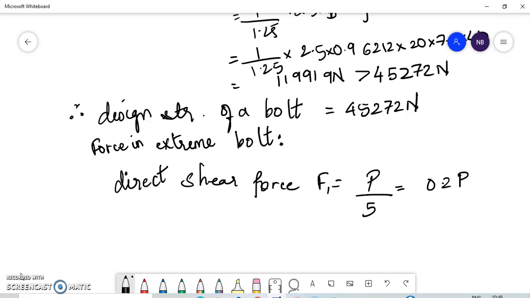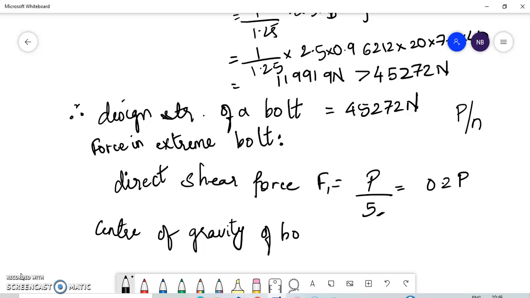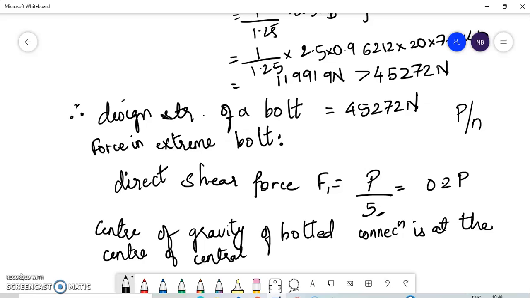In the notes, we have seen that the direct shear force is given by P upon N, where N is the number of bolts. In our case, it is 5, that is why 5 in the denominator. Now, the center of gravity of the bolted connection is at the center of the central bolt.